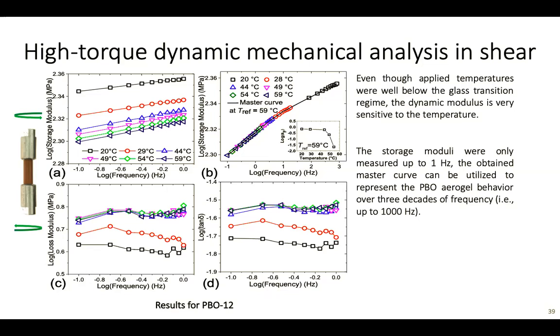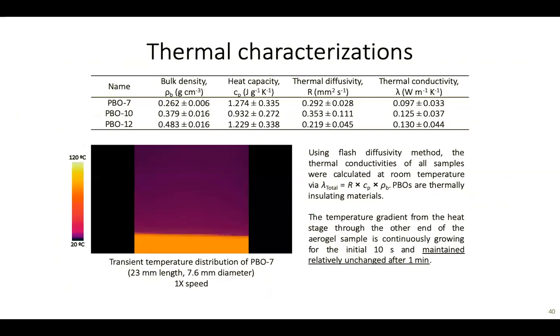After that, we studied classical thermal characterizations, including thermal conductivity measurements. They are still good thermal insulators. We also showed the transient temperature distribution. This is a hot plate. We put the sample there, observed by an infrared camera in real time.